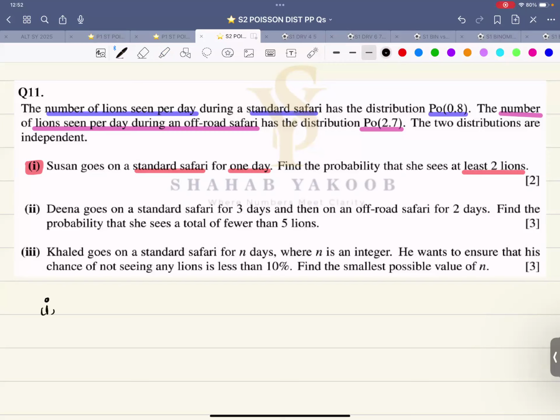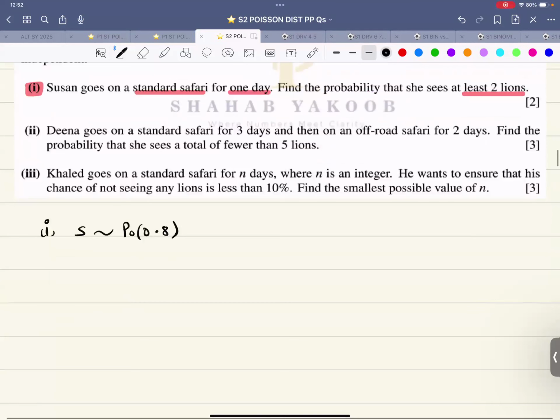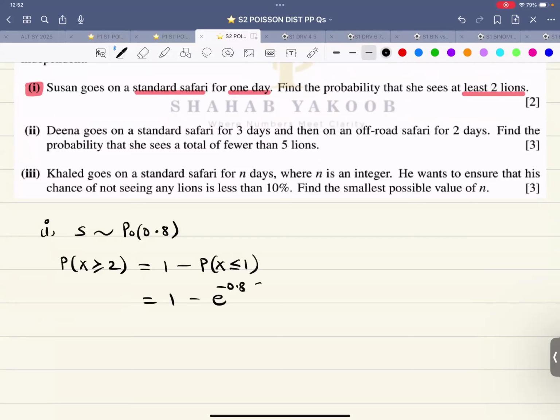So we will say a standard safari follows a Poisson distribution with 0.8 and at least 2. So probability x is greater than or equal to 2. That is 1 minus probability x is less than or equal to 1, which is 1 minus e raised to power of negative 0.8, 1 plus 0.8, and that is the answer. That's the first one.